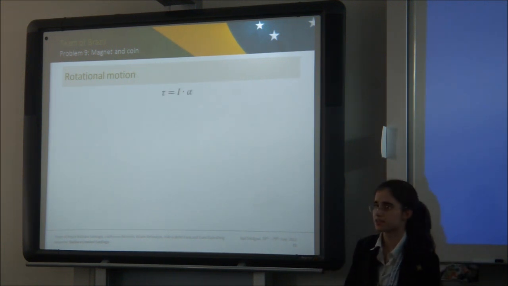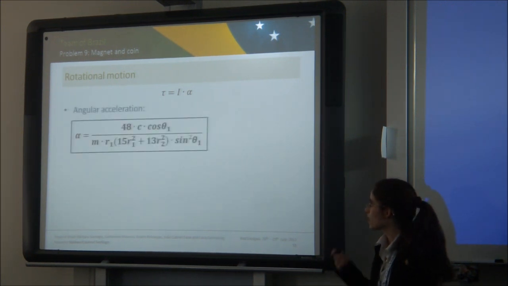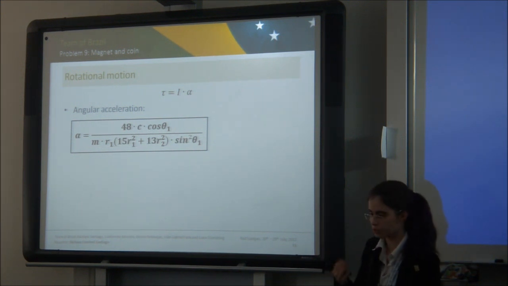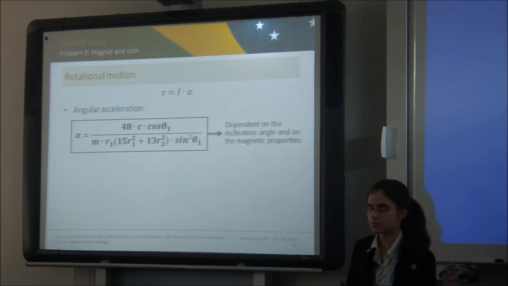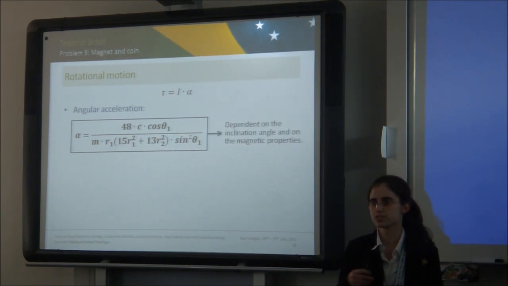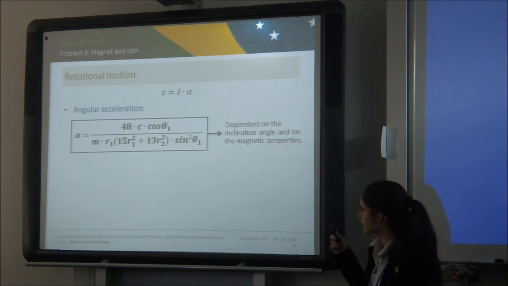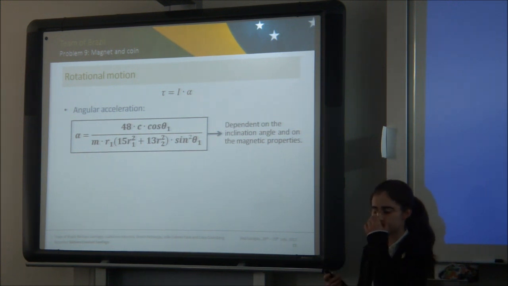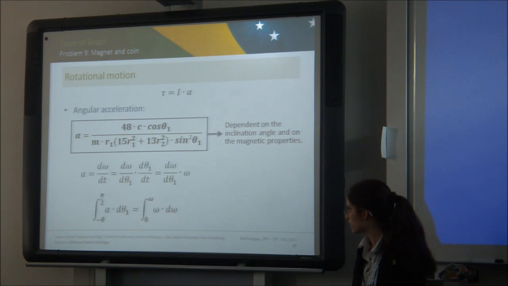We applied that the torque is equal to the moment of inertia times the angular acceleration, and we got the angular acceleration in function of known parameters. So it is really dependent on the position of the coin, so it's time dependent on the oscillations. And it is also dependent on the magnetic constant C. And this magnetic constant shows that the motion is dependent on the magnetic properties of the coin.